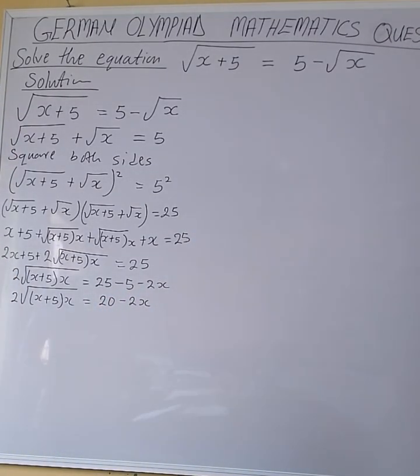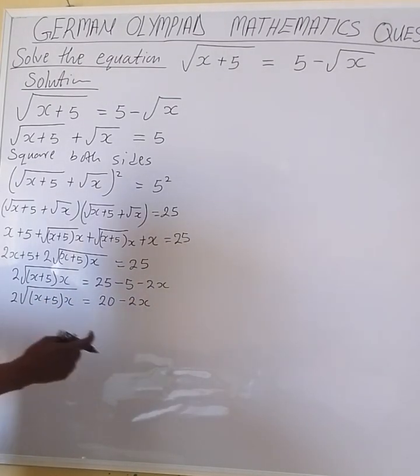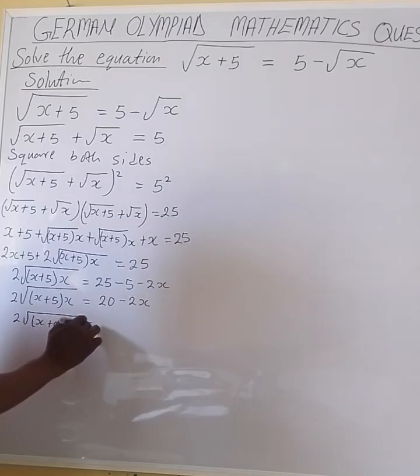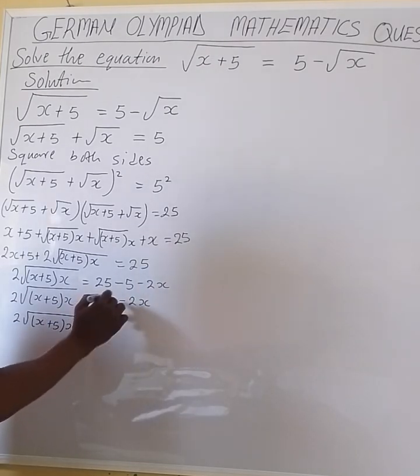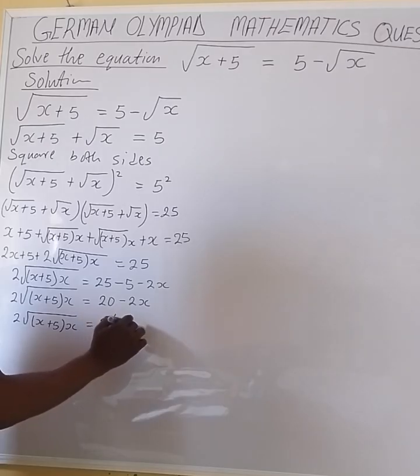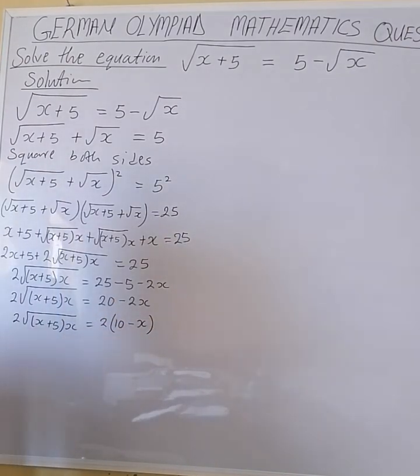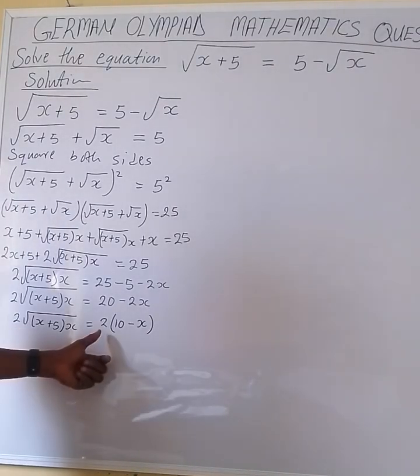With what we have, 20 and 2x, there is a common factor there, so we bring out the common factor. We now have 2 into square root of x plus 5 into x equals, the common factor here is 2, so 2 into 10 minus 2 into x. Are we together now? Having done that, we have 2 here, we have 2 here.